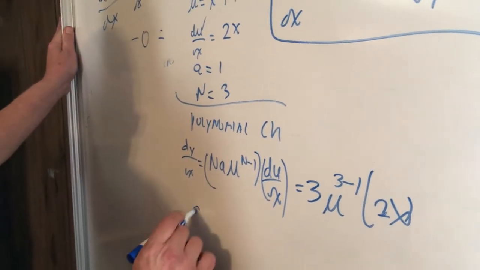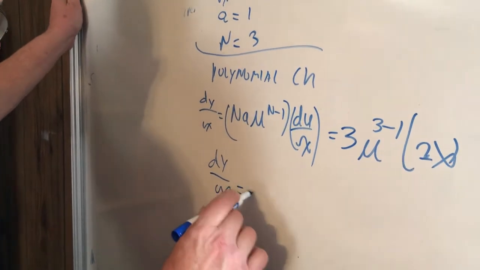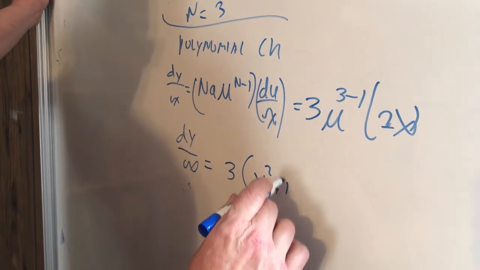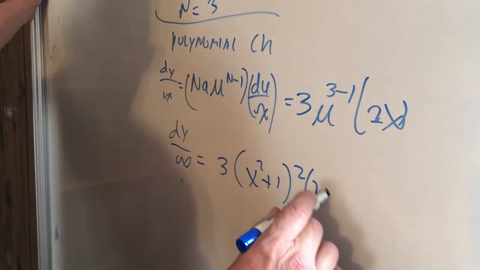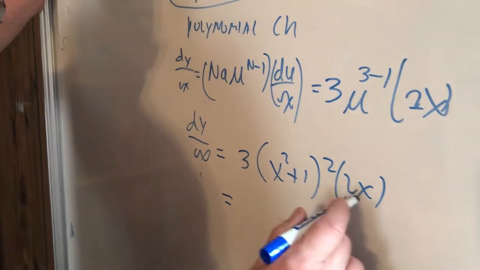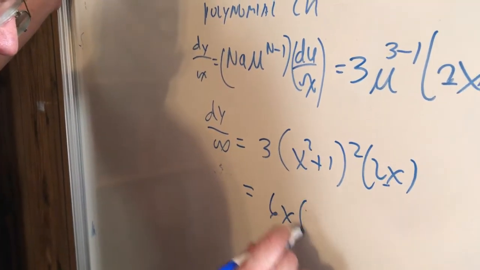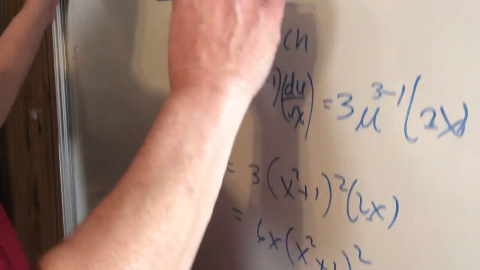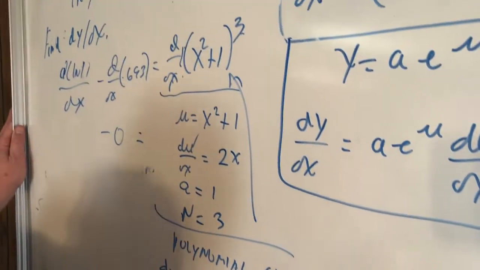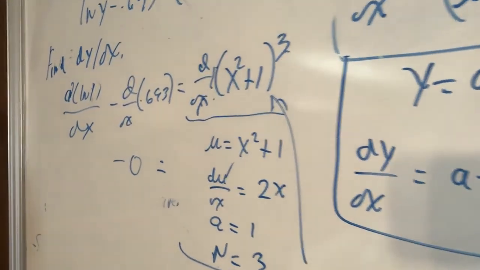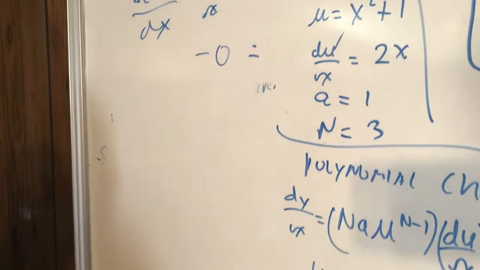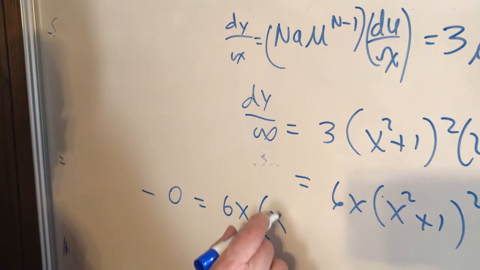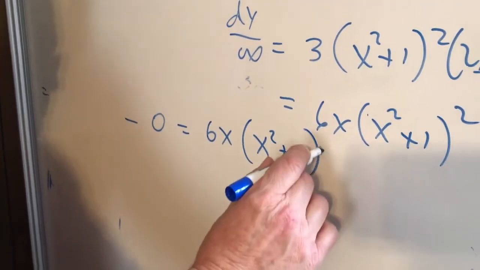Substituting back for u, we get 3 times x squared plus 1 squared times 2x, or 6x times x squared plus 1 squared. That's this guy right over here. So now what we have is minus 0 equals 6x times x squared plus 1 squared.